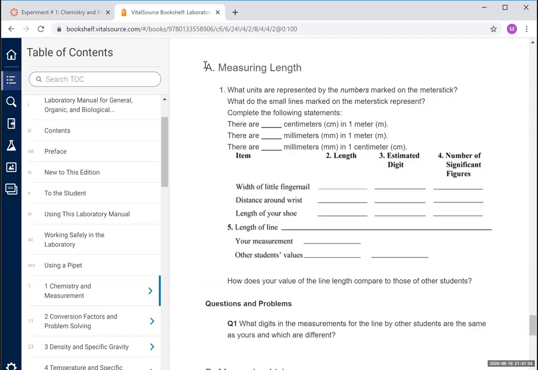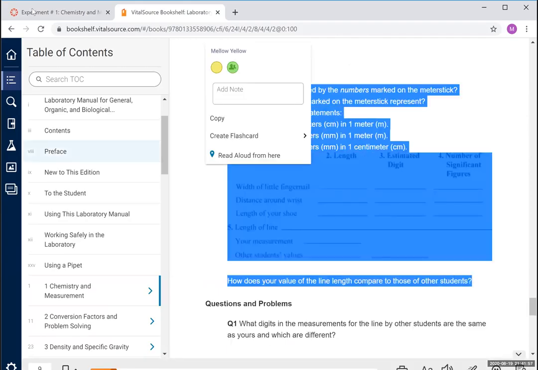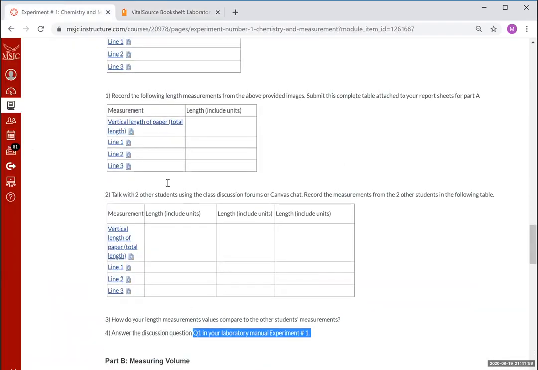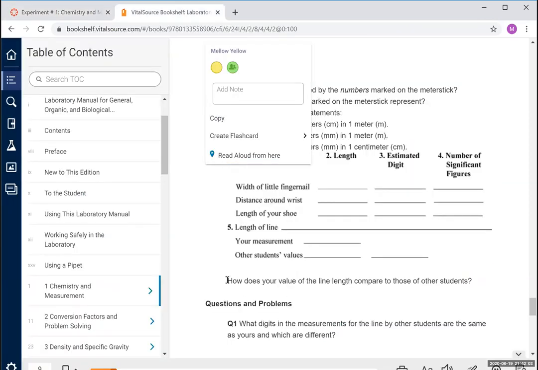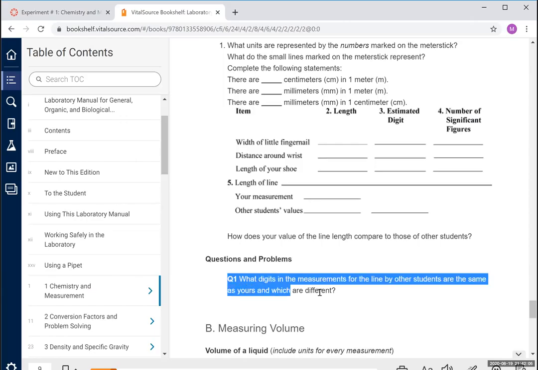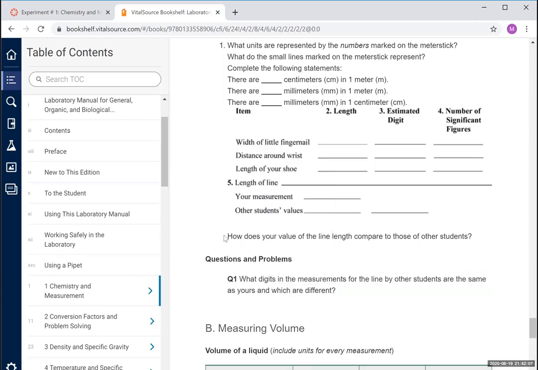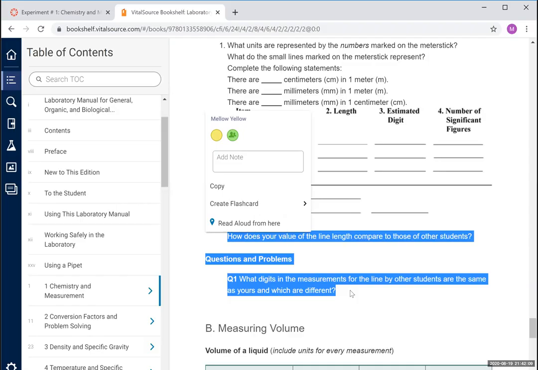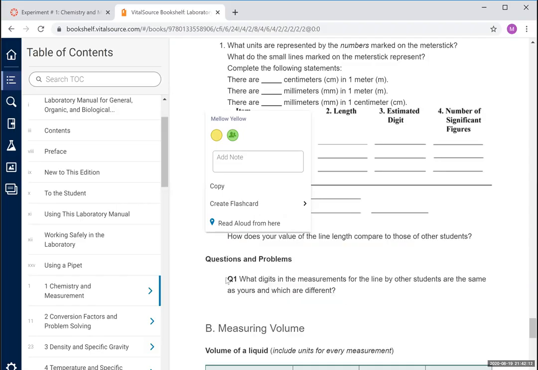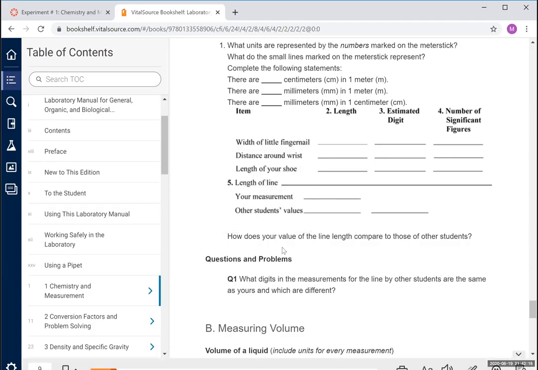So instead of this part A, I've given you an alternative procedure here, and this is the table that you'd fill out. You're also going to answer these 2 questions. How does the value of your line length compare to other students? And then you're going to answer question 1, which is what digits in the measurement are the same and which are different compared to the other students.